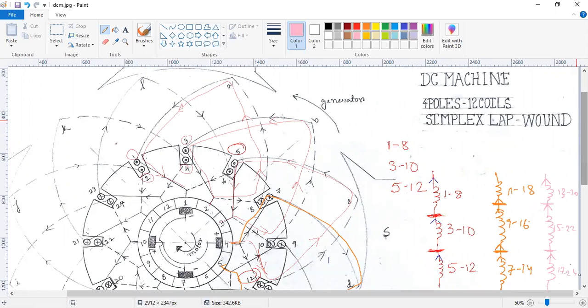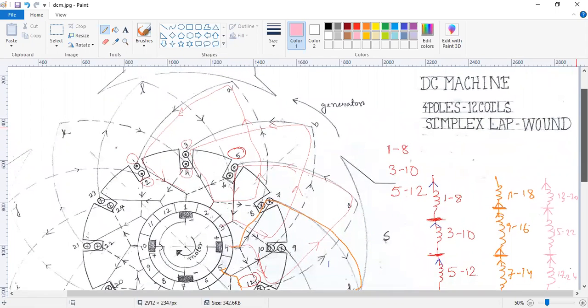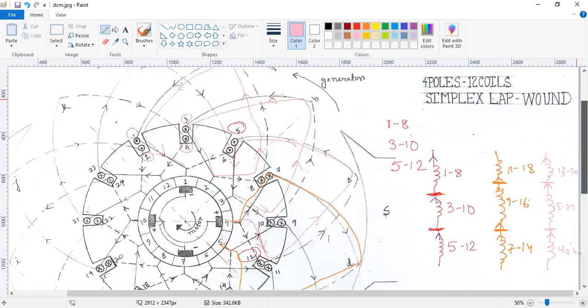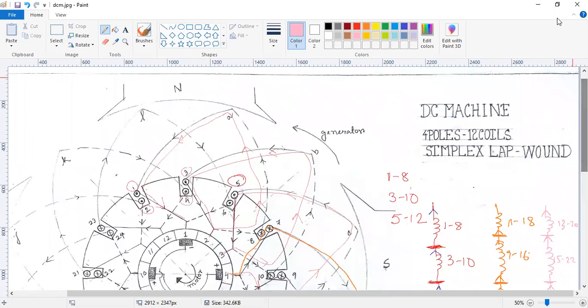Because here the upper coil sides are under North Pole and the bottom coil sides are under the South Pole. So one set of coil sides is under one particular pole face, and another set of coil sides is under a different pole face.